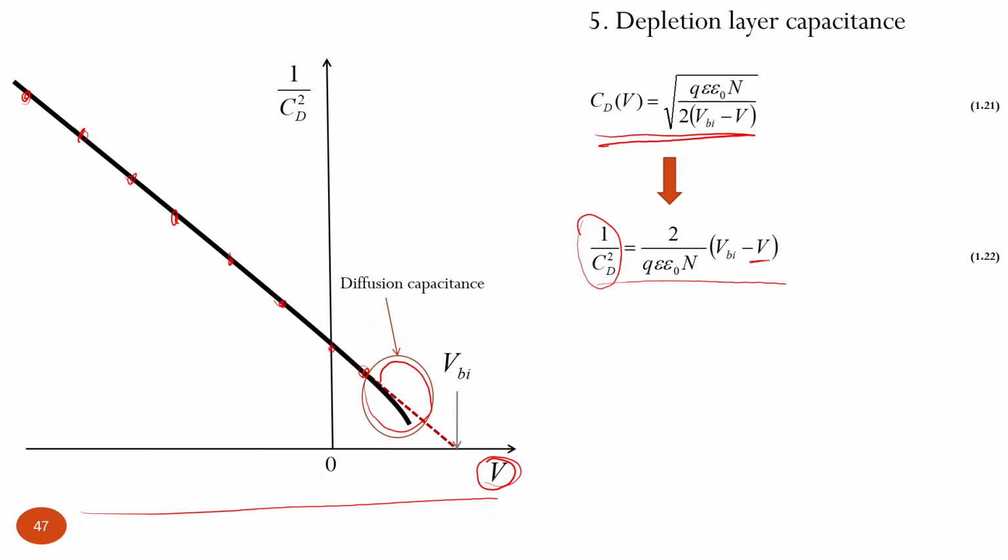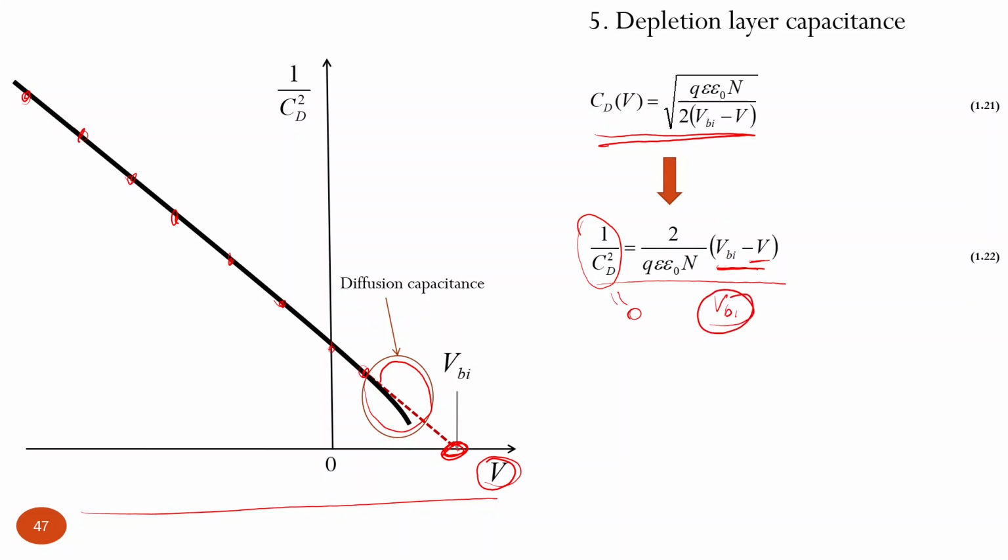Now you can see, if we extrapolate this linear dependence towards the interception with the voltage axis, we will get VBI, because if 1 over CD squared goes to 0, which is here at this interception point, then the expression in the parentheses should also be 0. It means that this interception point should be our VBI.